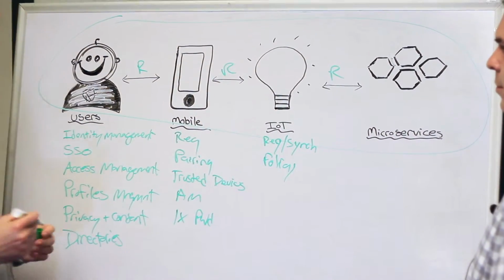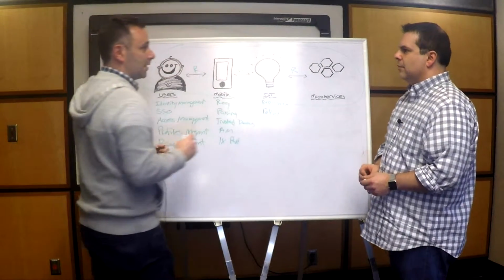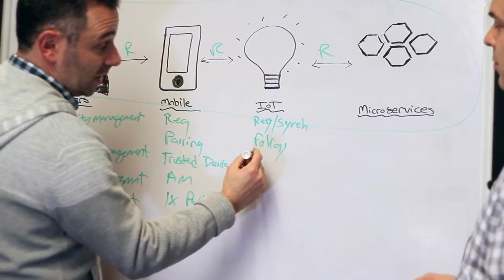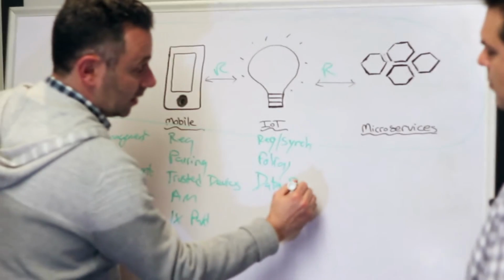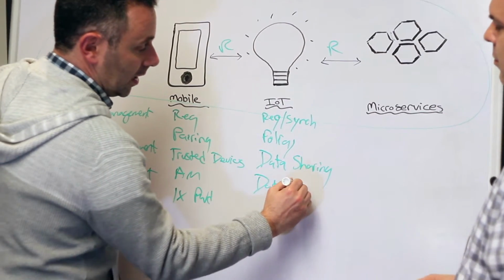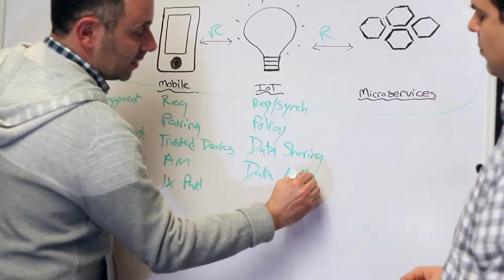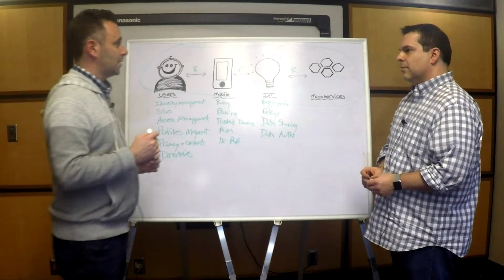How do I enforce policies around these things? There are all kinds of attributes you may want to share. There's sharing of data for devices. So how do I do data sharing? How do I do data authorization? How do I authorize data to be leveraged, and how do I revoke access to that data?